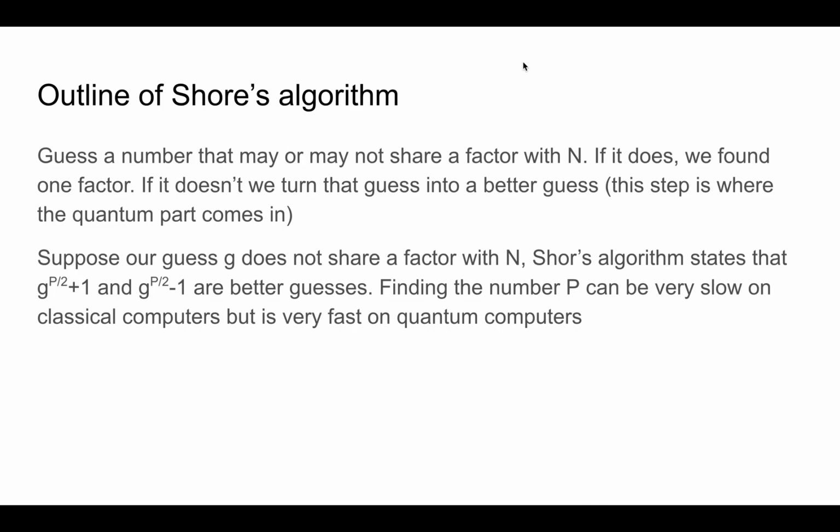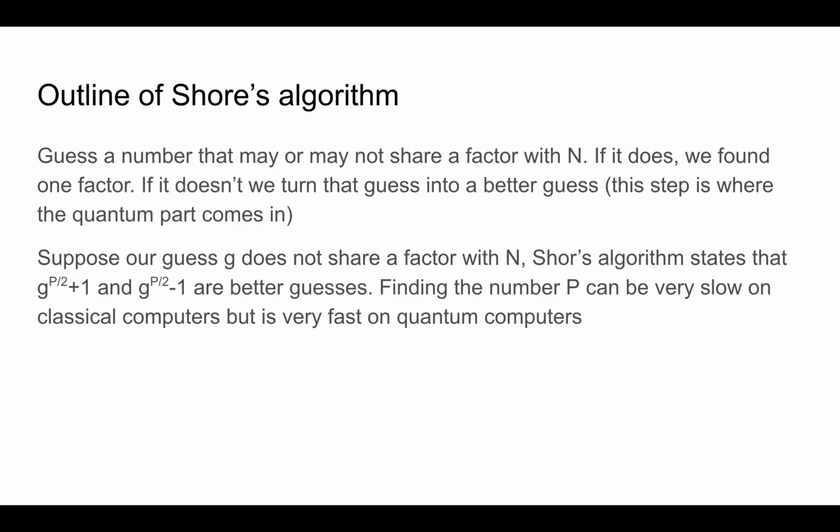Now I'm going to outline what Shor's algorithm is. So basically, for the very large integer n, we want to guess a number that may or may not share a factor with n. And we can check whether a number shares a factor with n by using the Euclidean algorithm.